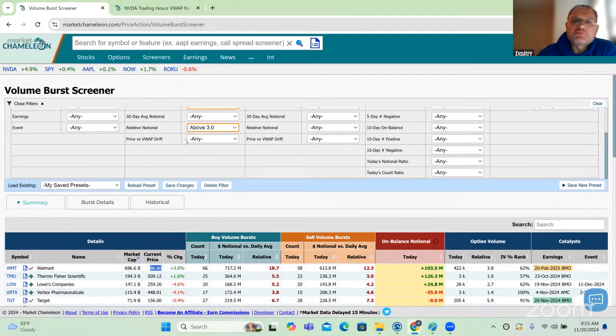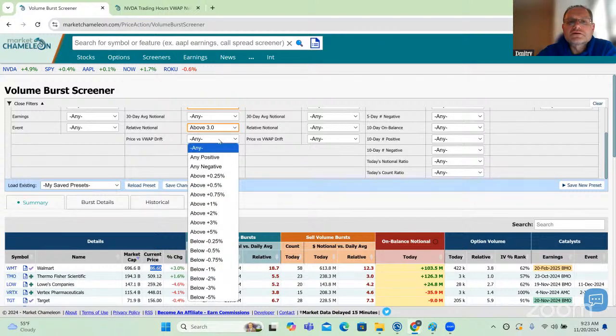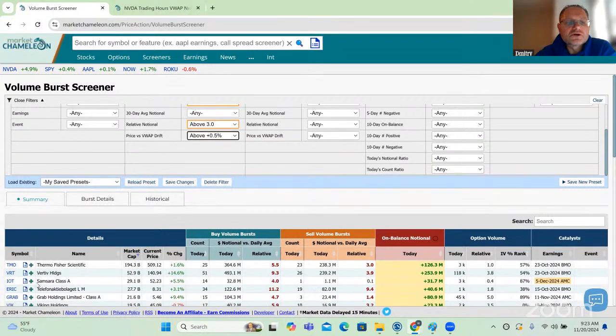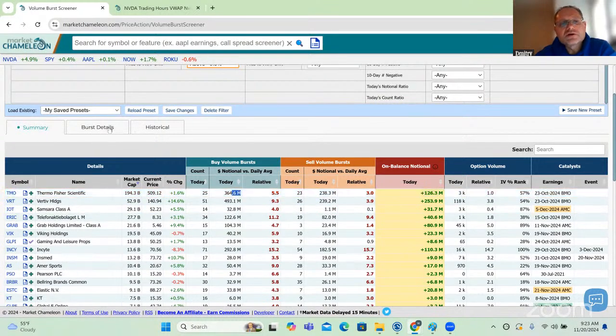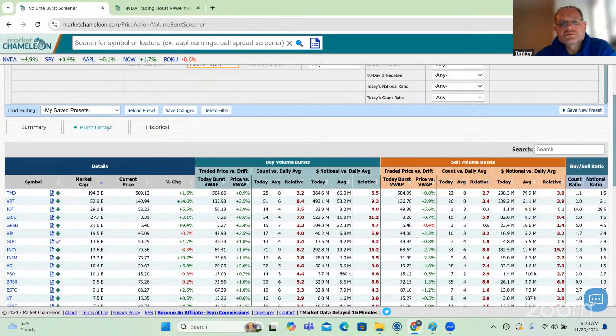So let's say the price of the stock has to be at least 0.5% above that VWAP price. So here we go. So TMO, right, is $509, but the volume burst, okay, it's not listed here. It might be in here, burst details. So you see these tabs here.